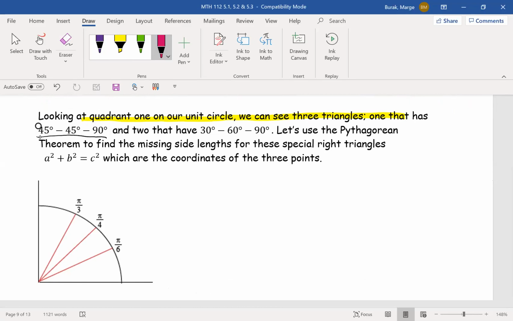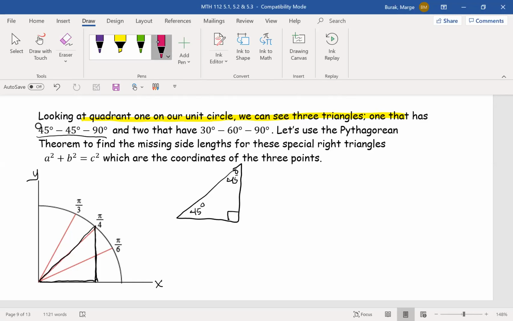If I take that pi over 4 and draw that straight down to the x-axis, this is the x and y axis, quadrant 1, and I look at this triangle right here, pi over 4 is at 45 degrees, and this is 90, and you know there's 180 degrees in every triangle, so that leaves me with 45 degrees up here. And that's called a special triangle. That's actually an isosceles right triangle.